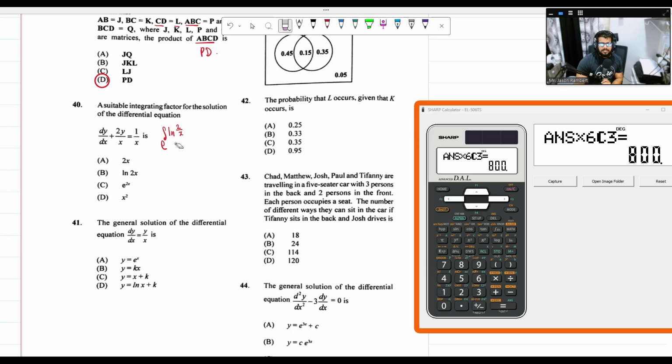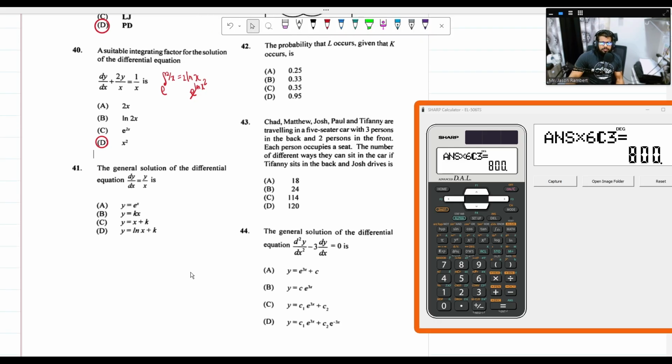It's e to the integral 2 over x. My bad. This is going to be 2 ln modulus x. So 2 ln x. Move the 2 on top. I'm going to get e to the ln x squared. The e and the ln cancel, and I'm going to get x squared to be my integrating factor.